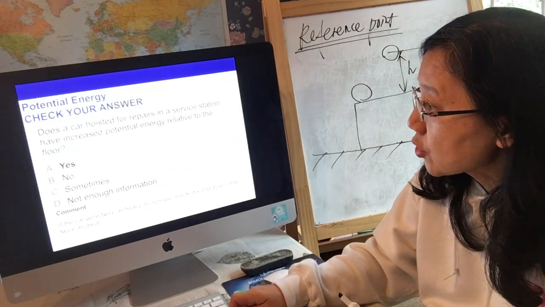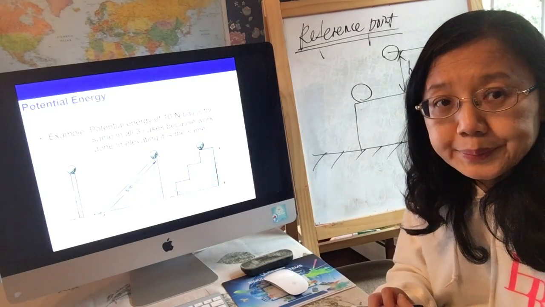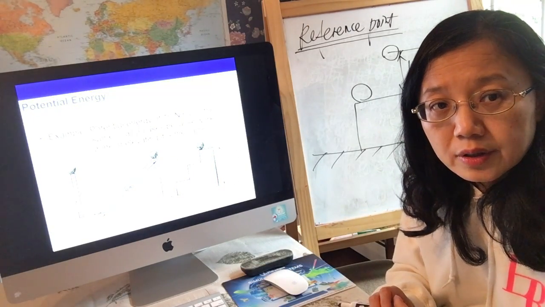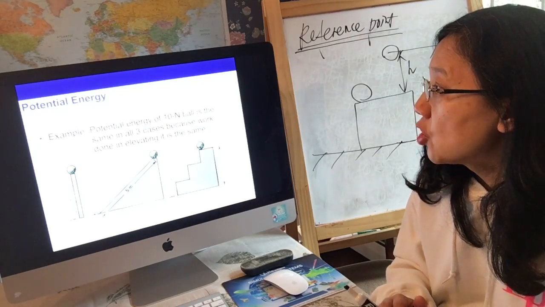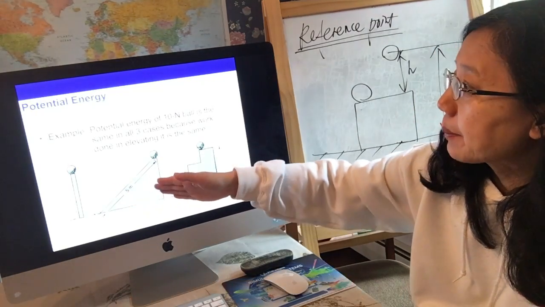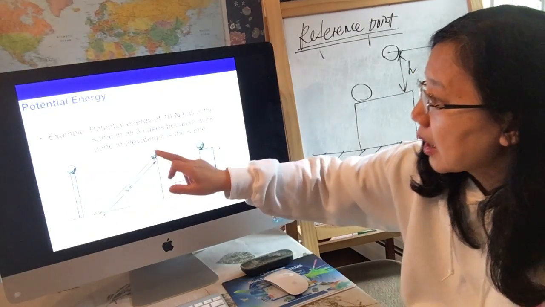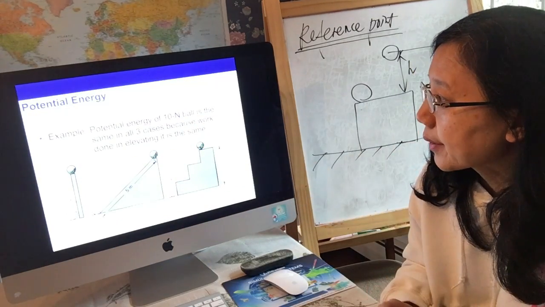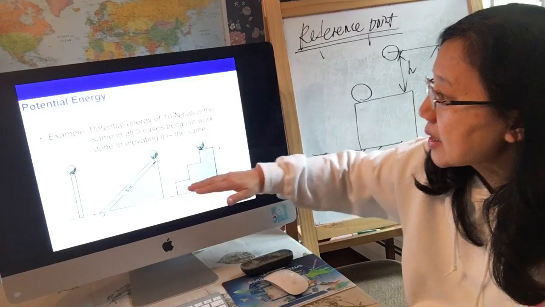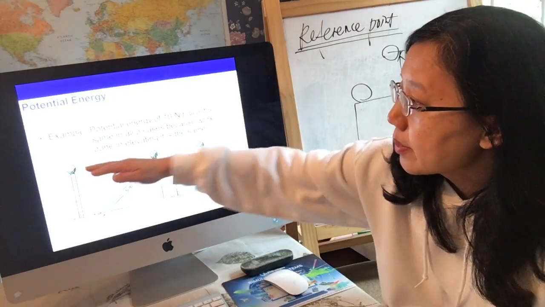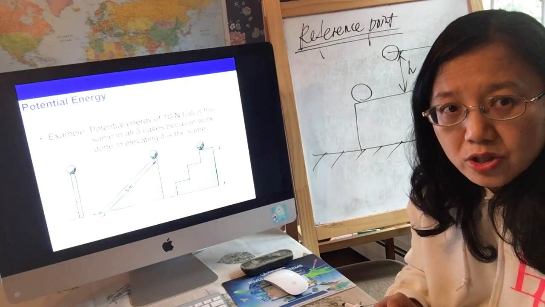Potential energy also has the unit of joules. If you take a look at this example, you have three different scenarios here. The same kind of ball, 10 newtons, but these three balls all have the same potential energy.